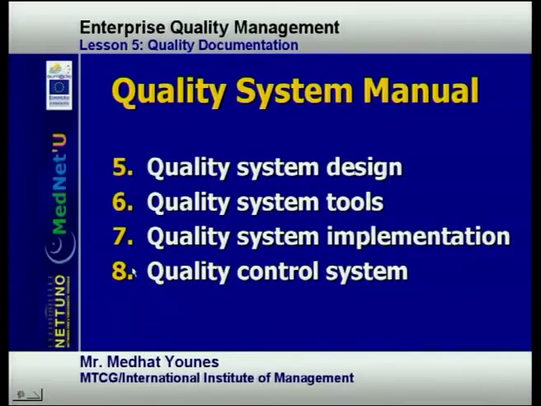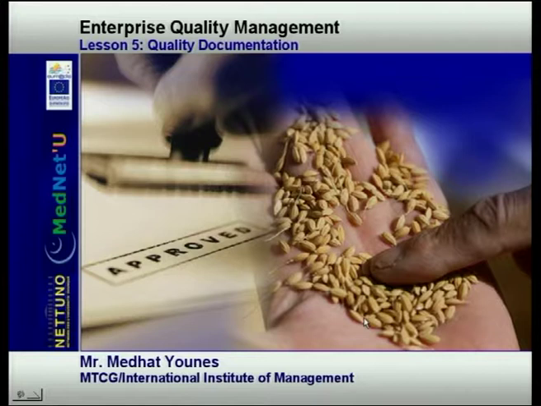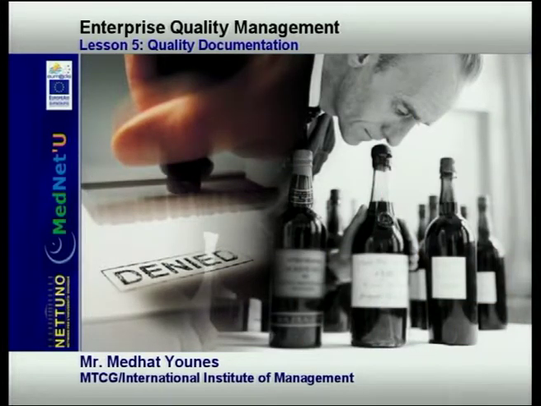The seventh document describes the quality system implementation, and the eighth describes the quality control system. Quality control system involves operational techniques and activities aimed at monitoring a process and at eliminating causes for unsatisfactory performance.